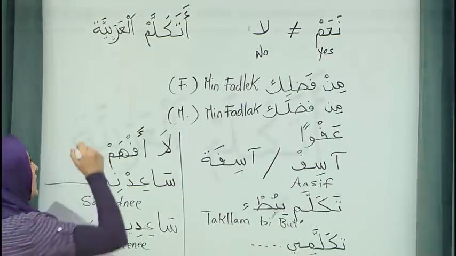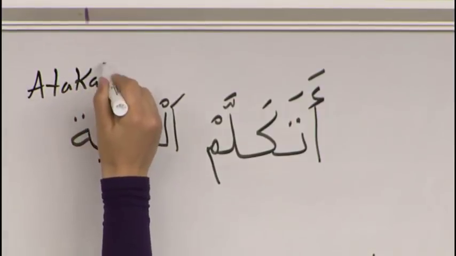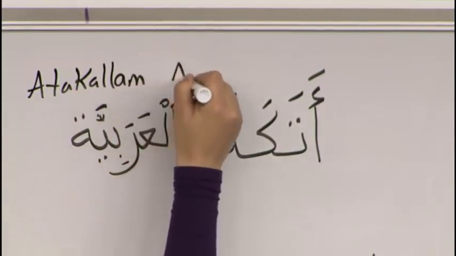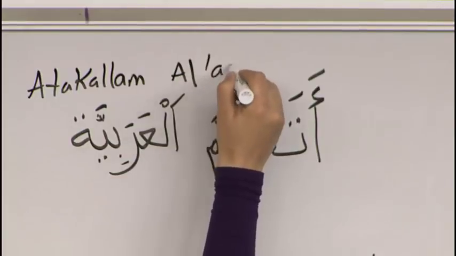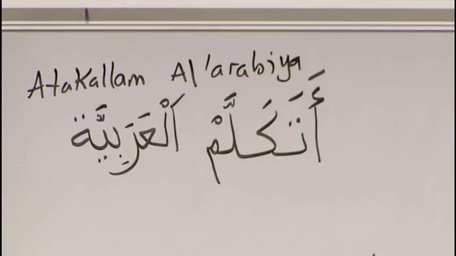That's why you have alif lam there. But you say أتكلم العربية. And you could say, I don't speak Arabic. Help me. لا أتكلم العربية. What's the word for help me? ساعدني. Please. من فضلك.